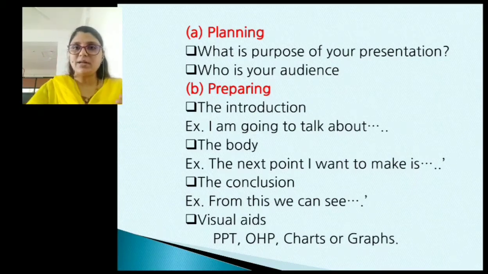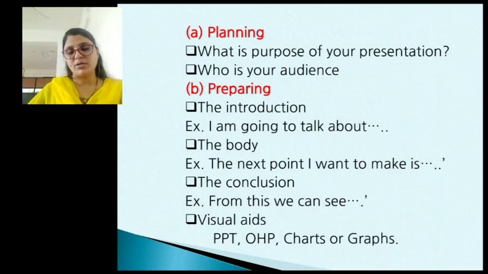In this format I am going to introduce my particular topic. Then body. The next point I want to make is, okay, when you are explaining the particular presentation, at that time you use it like this. The next point I want to make is, and after the completion of your overall presentation, what will be next? That is the conclusion.